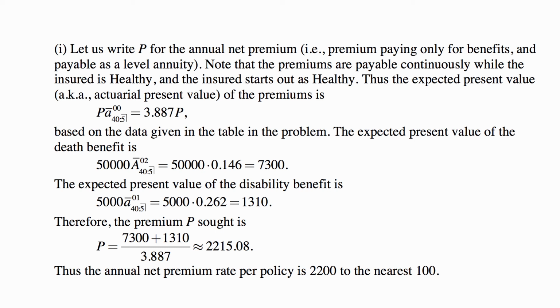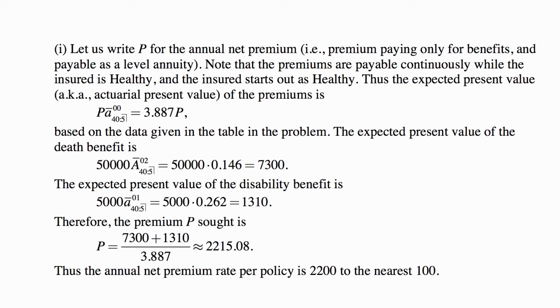Okay, now let us write P for the annual net premium, or benefit premium. Premium paying only for benefits, and it's payable as a level annuity. Note that the premiums are payable continuously while the insured is healthy, and the insured starts out as healthy. So the actuarial present value of the premiums at the beginning is P times the actuarial present value of a continuous annuity issued to a 40-year-old only over the next 5 years.